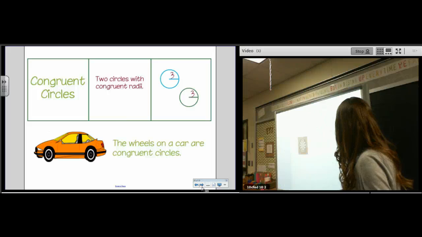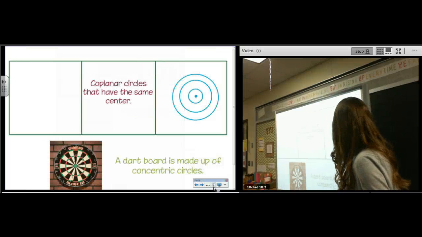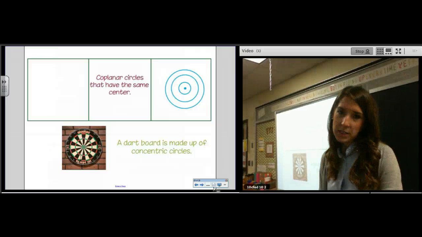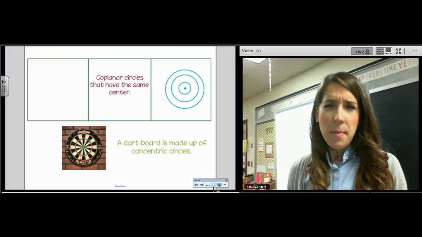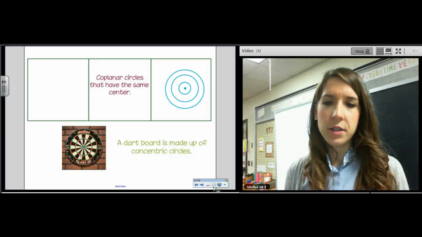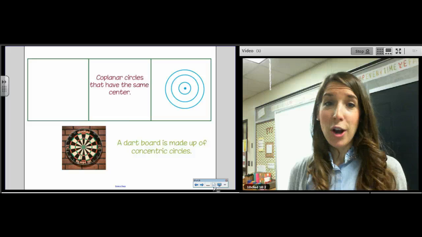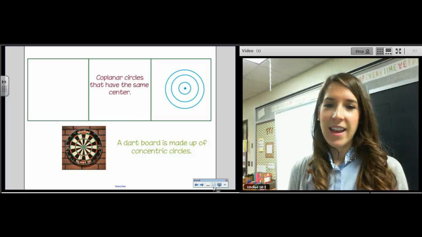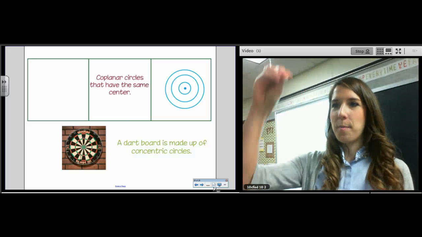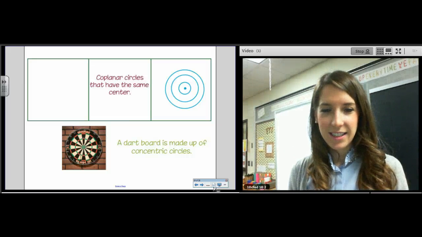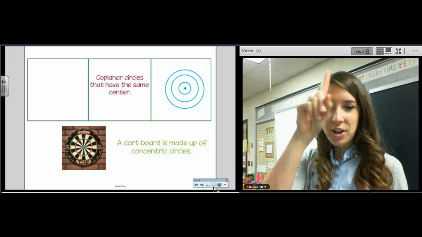Okay, moving on. This one's a fun one. Coplanar circles, so circles in the same plane that have the same center, but they're not congruent circles, are an example of, do y'all know what these are called? It's the Target logo. It's like when you drop a water droplet in the pond, it makes concentric circles.